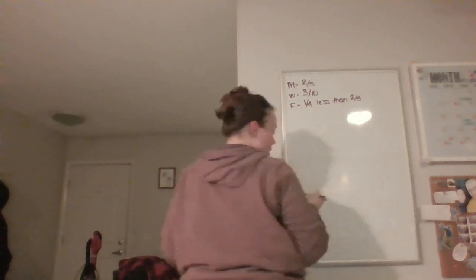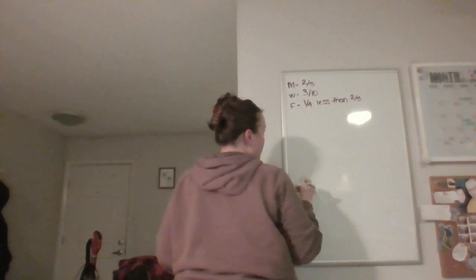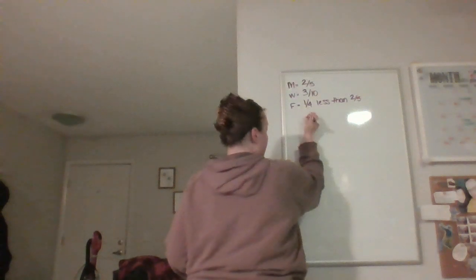To solve for Friday, first we're going to find the lowest common denominator and convert. So 1/4 and 2/5, 4 and 5, the lowest common denominator is going to be 20.